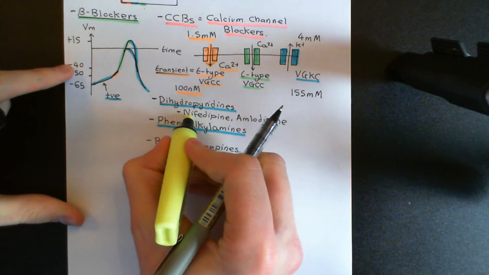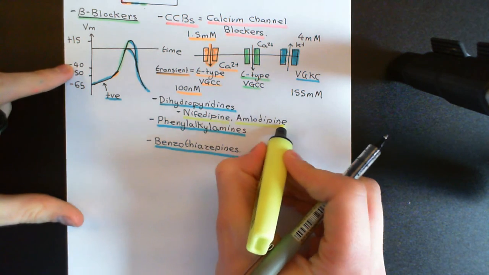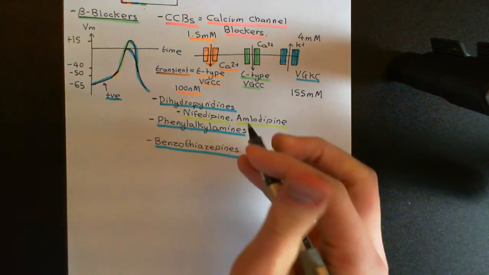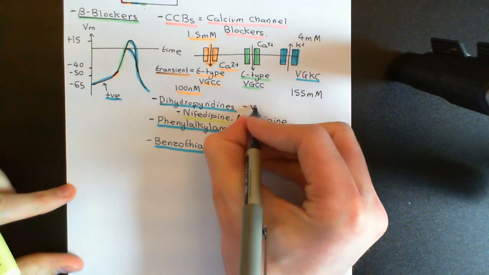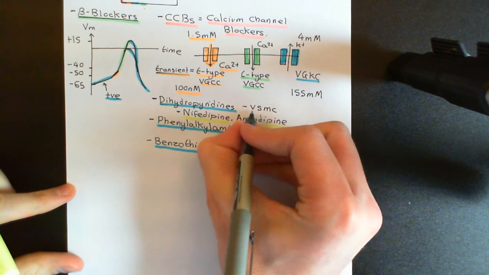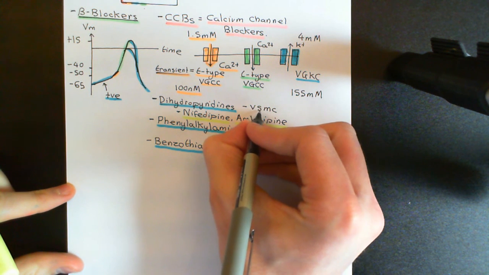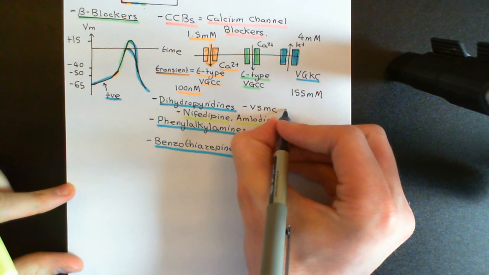So we say that the dihydropyridines are selective for the L-type voltage-gated calcium channels in vascular smooth muscle cells, and I'll abbreviate vascular smooth muscle cells down to VSMC, V for vascular, SMC for smooth muscle cells.